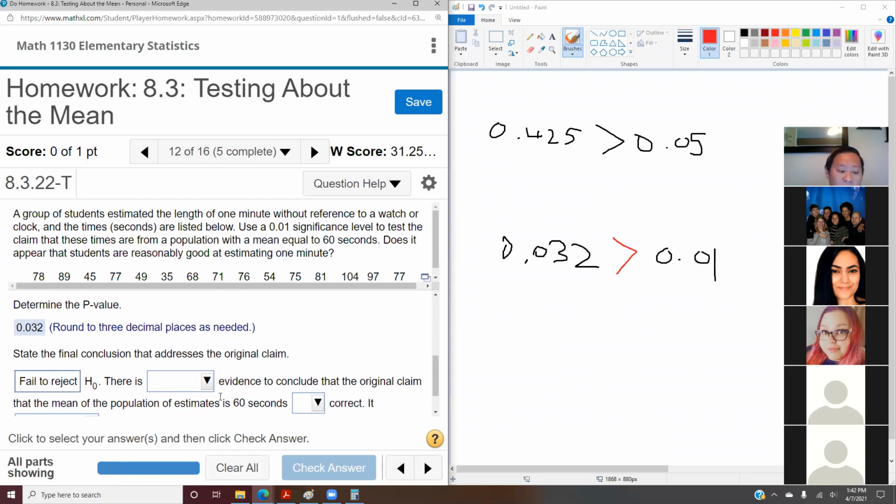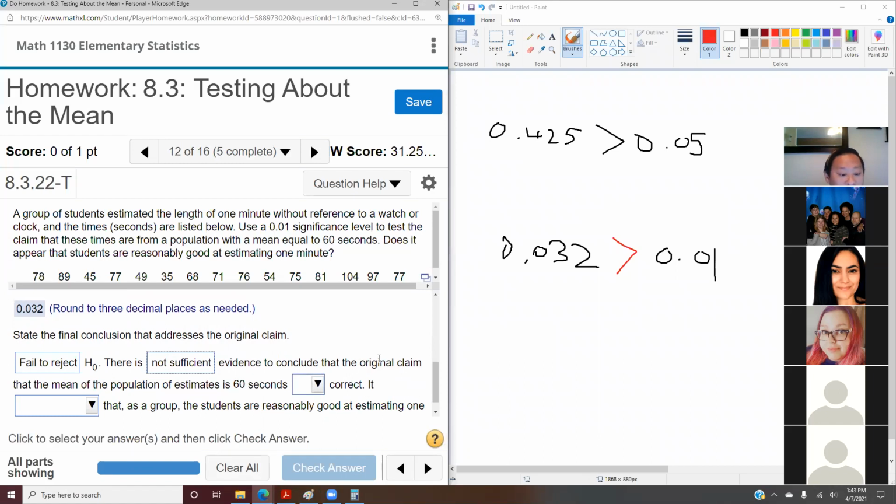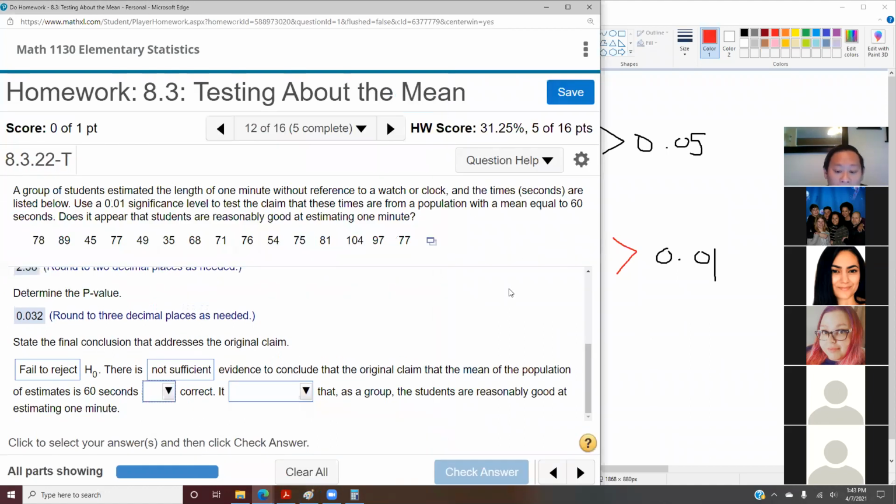And usually when you fail to reject, there is not sufficient evidence to warrant rejection of the original claim. Now this one is tricky, because I don't see the words. That's the reason why I do not like your online homework. When you do your written homework or your test, you just say there is not sufficient evidence to warrant rejection of the claim.